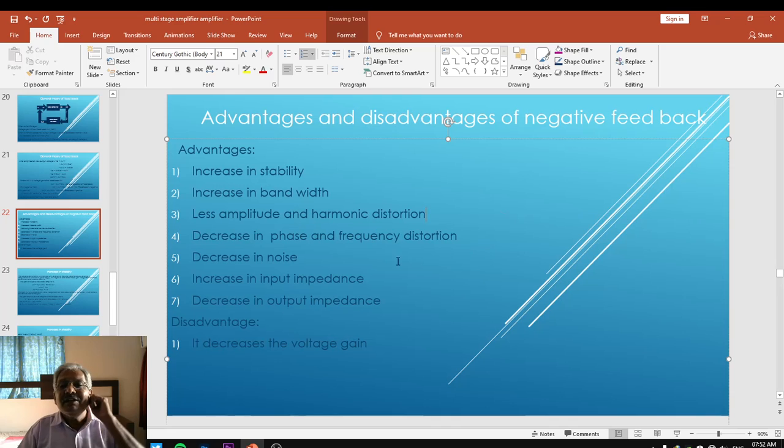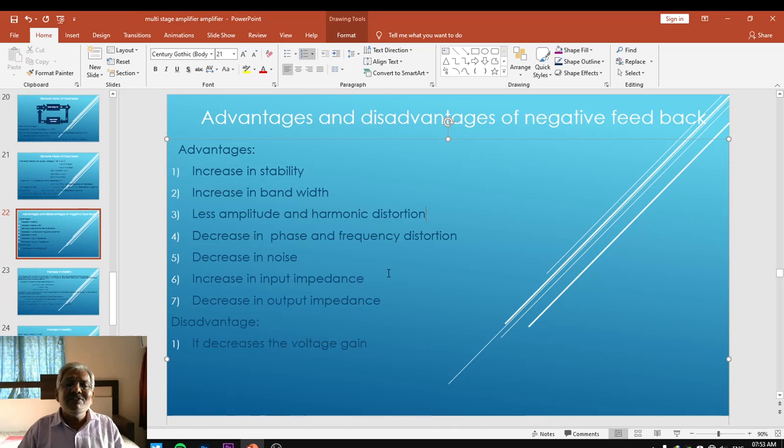Along with that, the phase and frequency distortion also decreases. In short, we can say the distortion decreases by applying negative feedback. Next advantage is that there is a reduction in noise due to application of negative feedback.